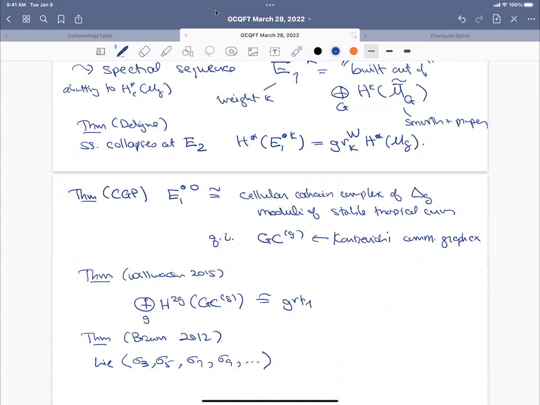This is supposed to be isomorphic to GRT, but what Francis Brown showed is that at least that free Lie algebra is present in GRT. So the expectation is that there's nothing else there. So this was half of the conjecture of Deligne, Drinfeld, and Ihara.